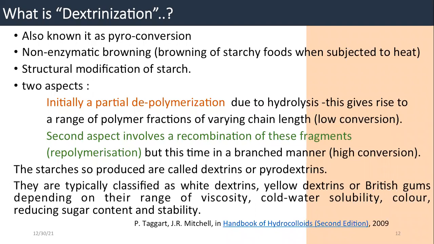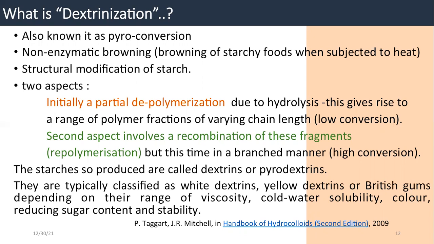When we increase the temperature further, what happens? The polymers will restructure, but it is happening in a branched manner. Now you can get a branched structure, right? We call it repolymerization, and as a result of that, the texture will totally change.